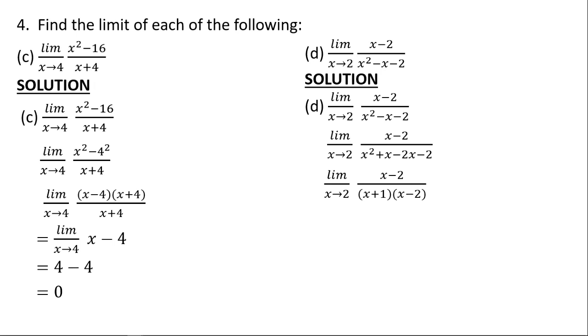So we remain with 1 over x plus 1 as x approaches 2. Where there's that x, we replace it with 2. So 1 over 2 plus 1, which gives us 1 over 3. As simple as that.